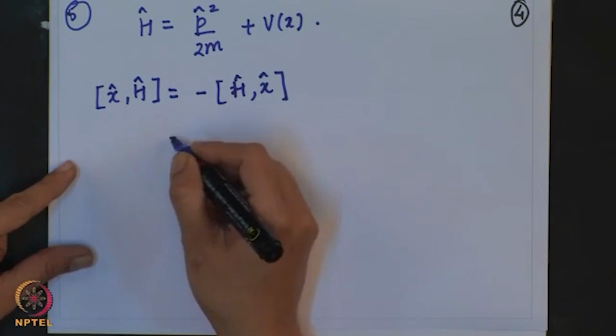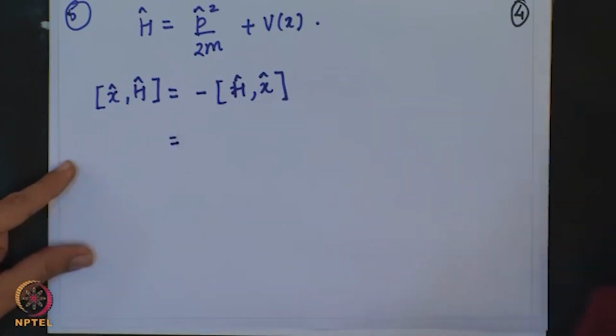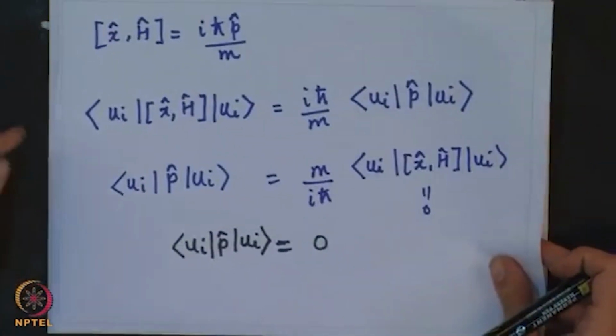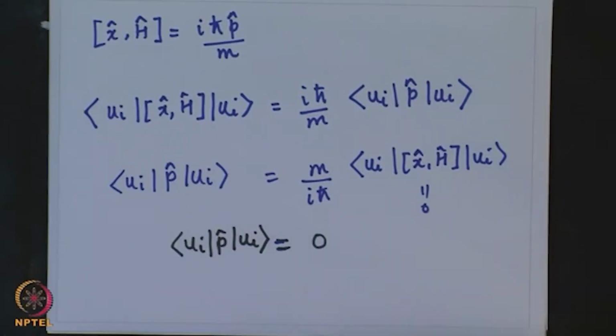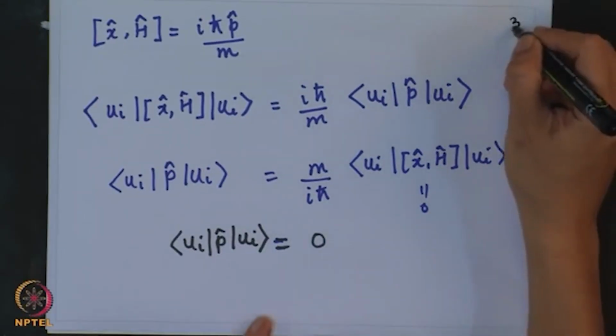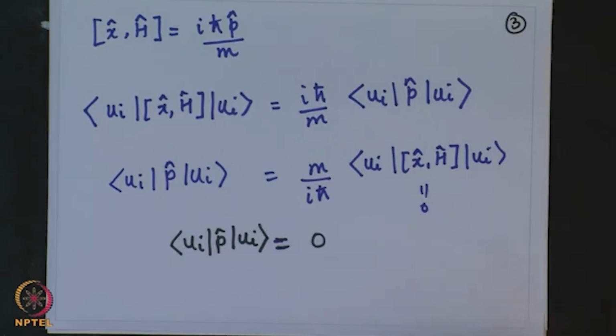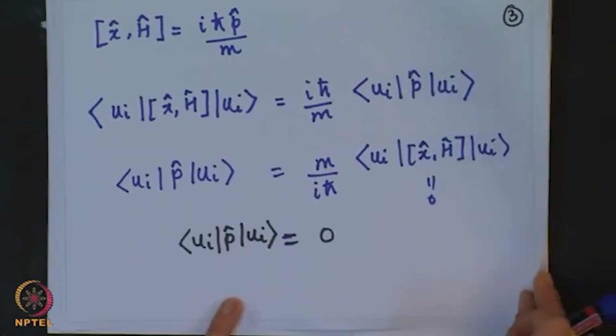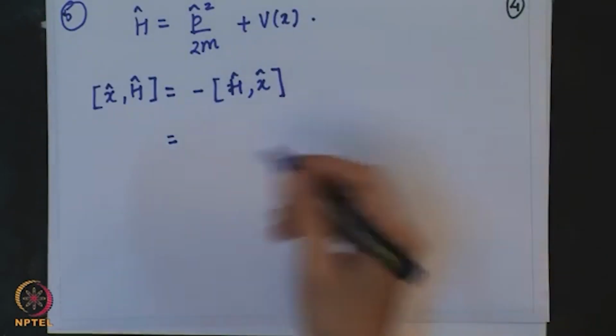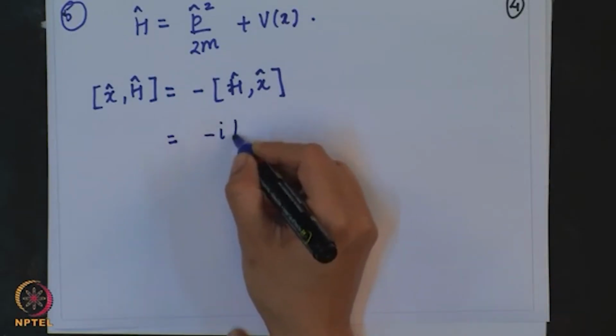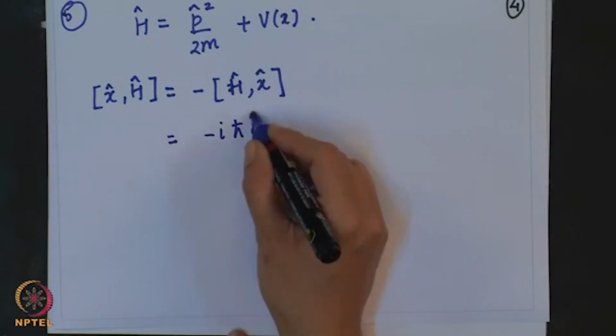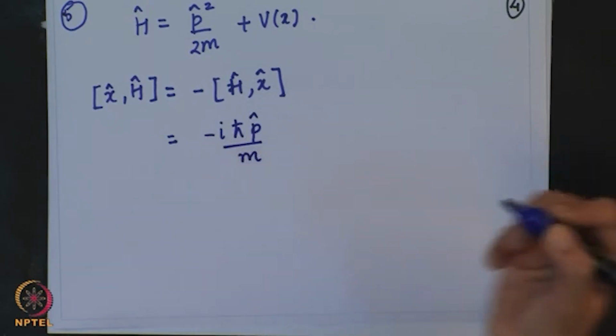So, in the previous example, the commutator of x and H was i h cross p by m. Now it will become minus i h cross p by m.